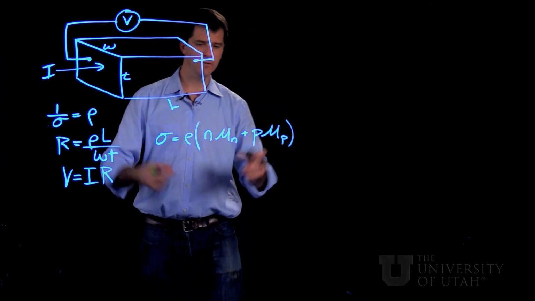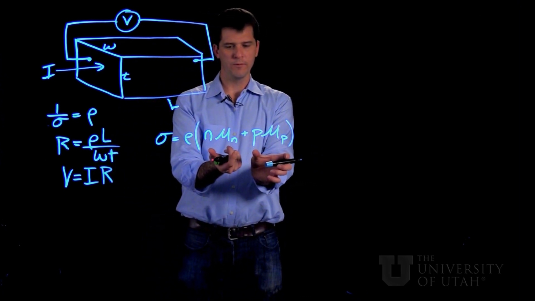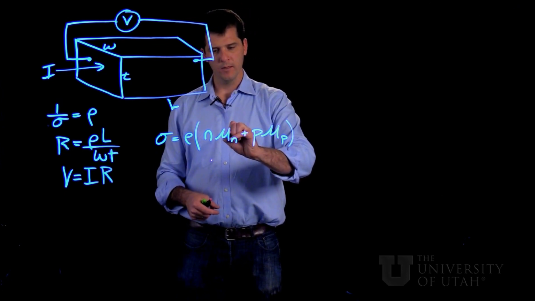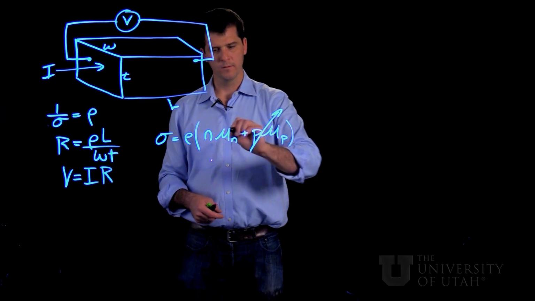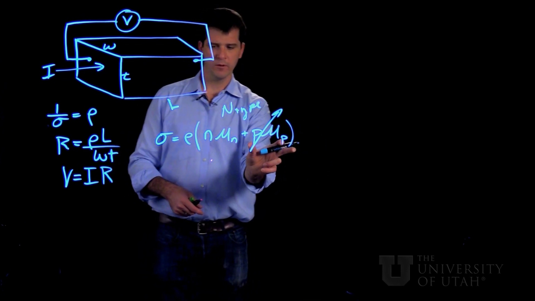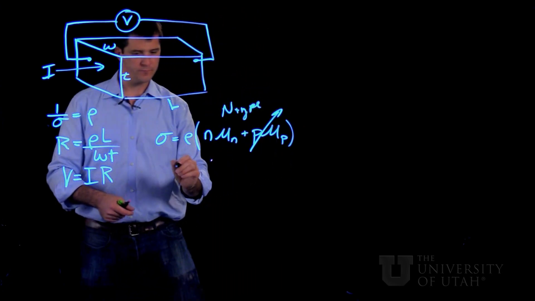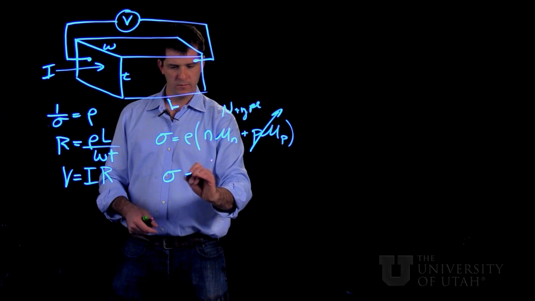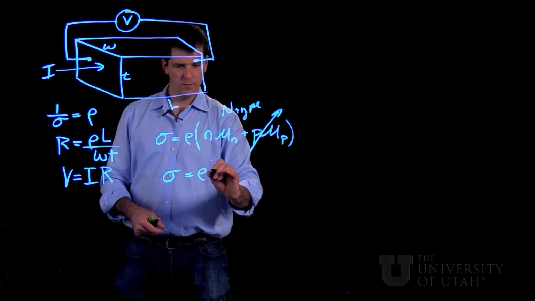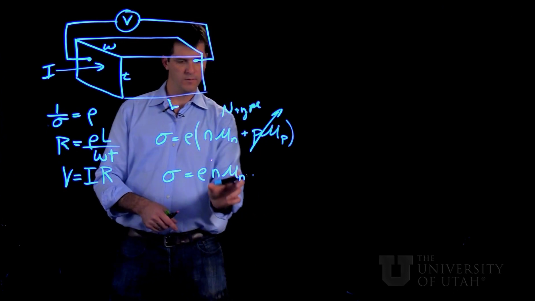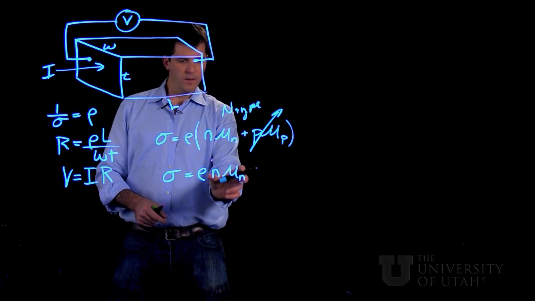So for the general case, you would have to keep both of these. But let's make the approximation that our material is N-type doped, in which case this part of the conductivity drops out. So if we know our sigma, we know then that it is E N mu, our conductivity.